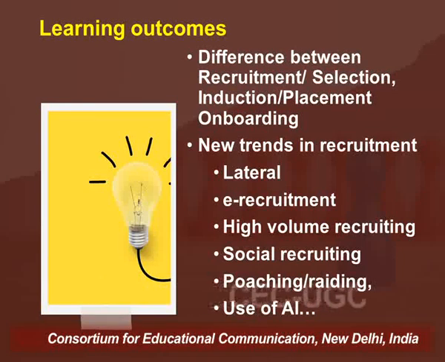And secondly, we are going to learn about some new trends in recruitment, namely lateral recruitment, e-recruitment, high volume recruiting, social recruiting, poaching and raiding, and use of artificial intelligence in the recruitment process.